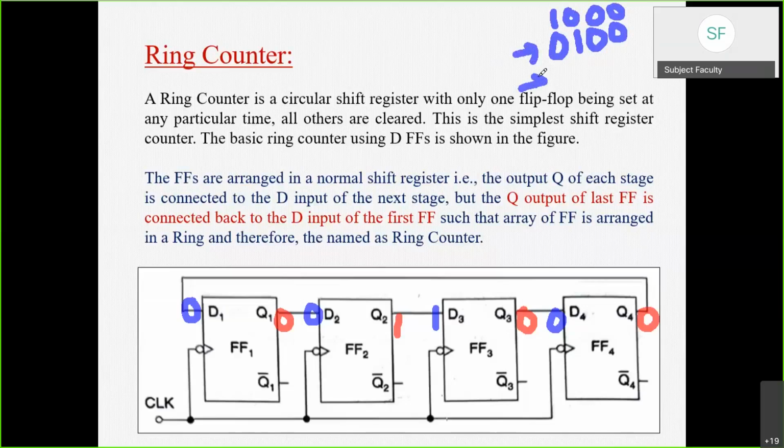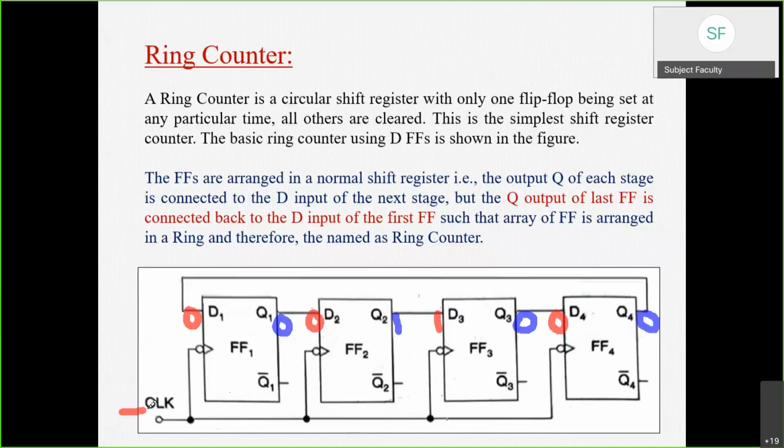Now, what will happen after the second clock pulse? We will see. Again, I have to write this. This was our sequence. I am writing the inputs again: 0, 0, 1, 0.